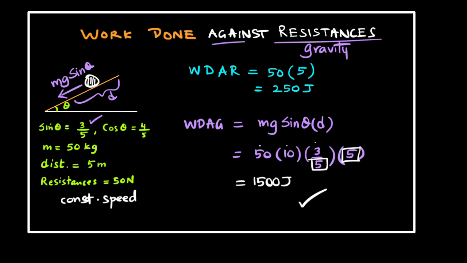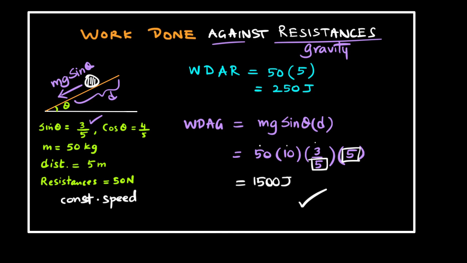So what have we learned in this video? Whenever we are asked to calculate work done, we just identify which force or forces they are talking about. For example, if they are asking about work done against resistances, we take the resistance force or the sum of resistive forces, which is 50 Newton, and multiply by the distance along the plane.